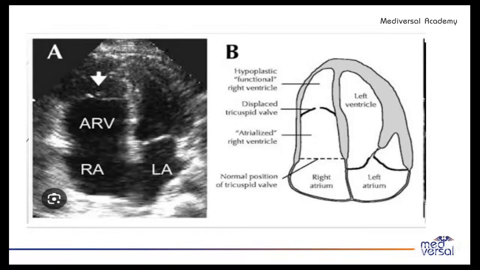Epstein's anomaly is one of the congenital anomalies, a cyanotic congenital heart disease, where the tricuspid valve is malformed and displaced towards the apex of the heart. So there will be an atrialized right ventricle, and most commonly the patient will present with SVTs, like supraventricular tachycardias. So this is one of the images showing Epstein's anomaly.